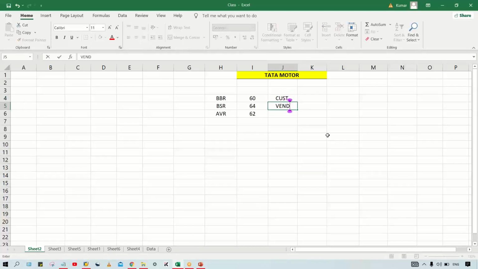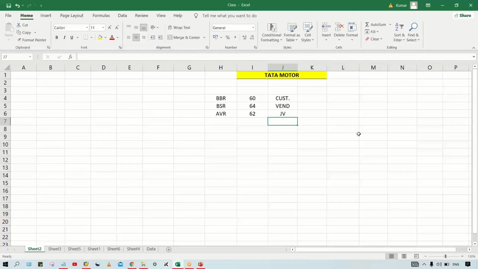Vendor means this rate. Vendor means we have to buy the foreign currency, right? So the bank is the seller in that case. The bank is going to sell the foreign currency, guys, so we have to buy at this rate, right? And JV posting means simply we have to post the transactions, right? It is not having any direct impact on our bank balances. So we are going to specify the average rate, that is 62.